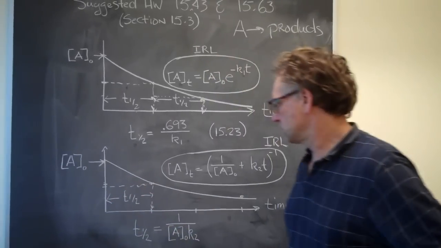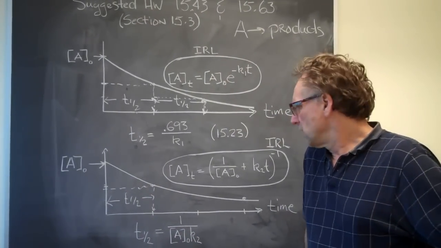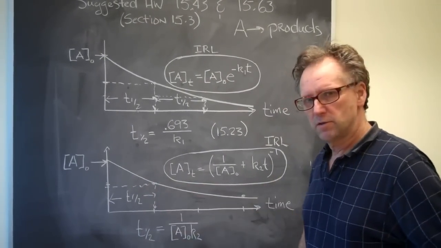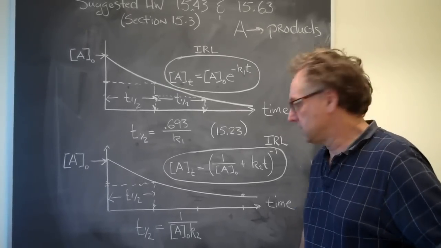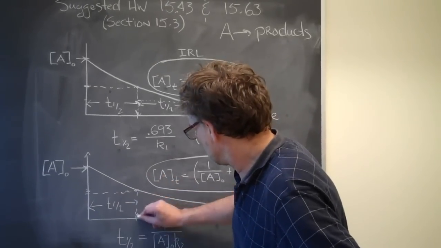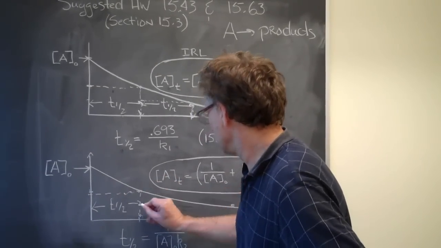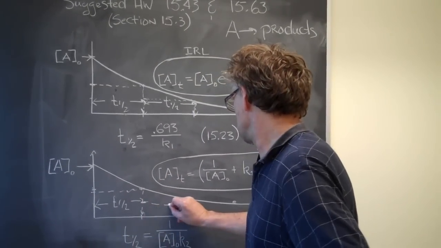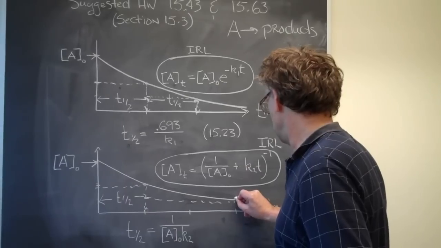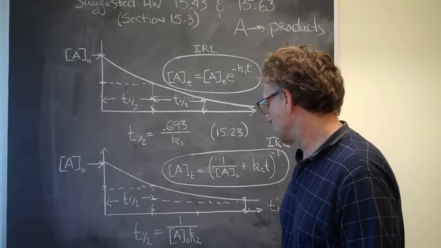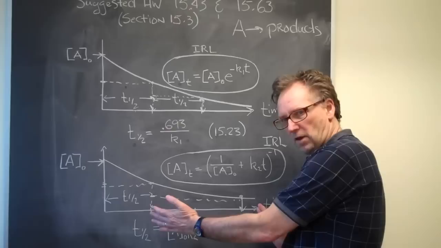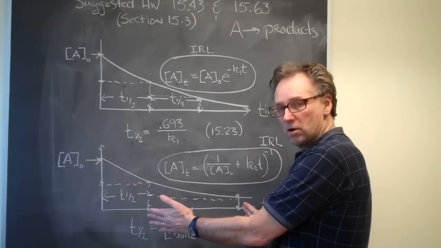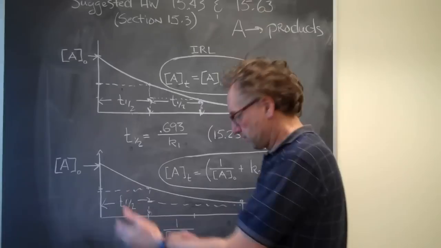Okay, it takes that much time. How long does it take for this concentration to go down to half its value? Well, I go to half its value right there, and if I've done this properly, I go way out to here, and I see, oh my goodness, the second half-life is a lot longer than the first half-life.